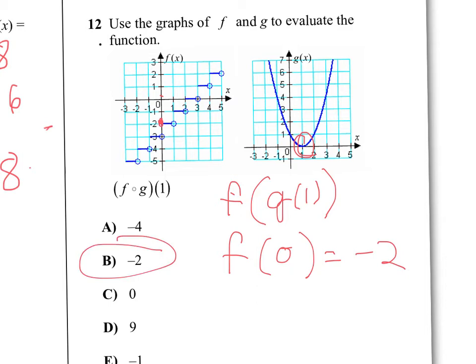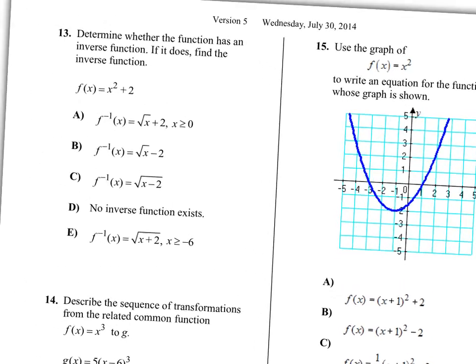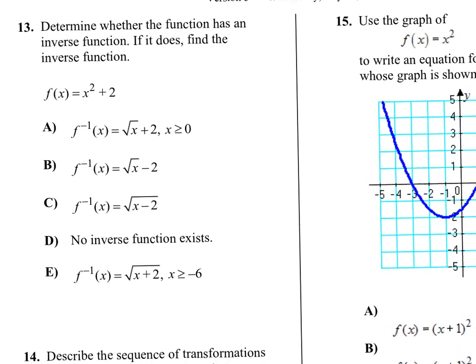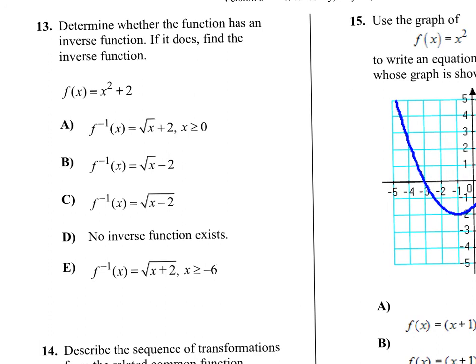Alright, last page. Determine whether the function has an inverse function. If it does, find said inverse function. One of the ways to do this is to graph it, but we're going to find it algebraically.